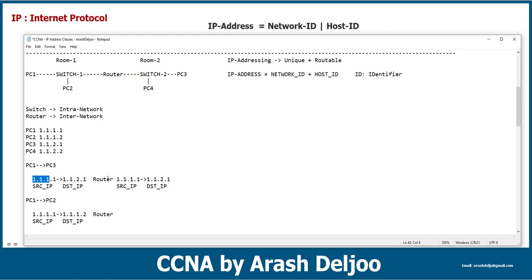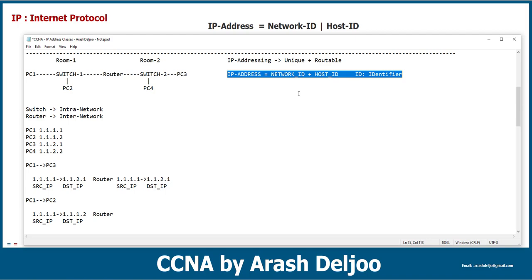And the router uses the host ID, the last octet, for sending the traffic to the exact destination. You will learn about this, but until now, we know that an IP address contains two parts: network ID or network identifier plus host ID or host identifier.